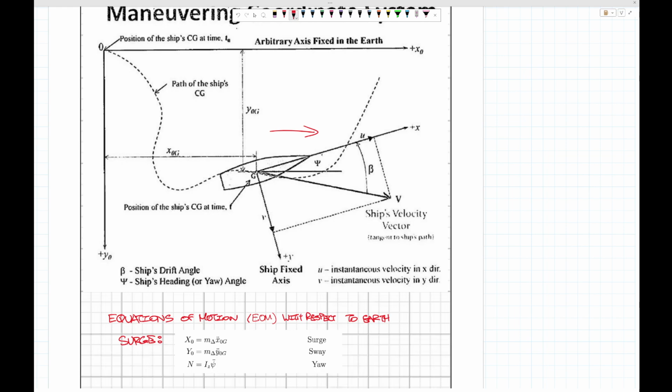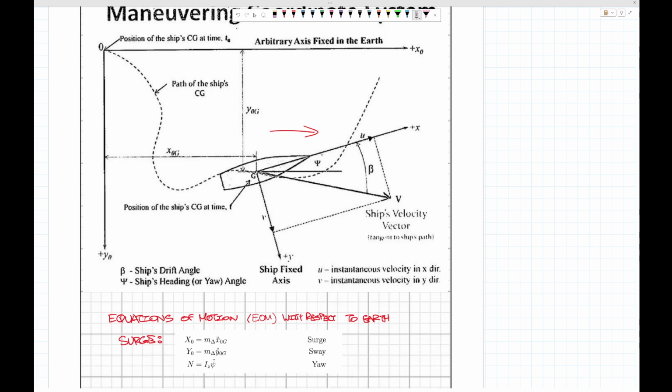The force in the forwards direction with respect to Earth is surge. Then the y direction is going to be sway, so that's sideways. And N is the yaw moment. About the origin, we have I and psi. Iz is, some of you might not have learned this, the second moment of area, which is the ability for a body to resist rotation.